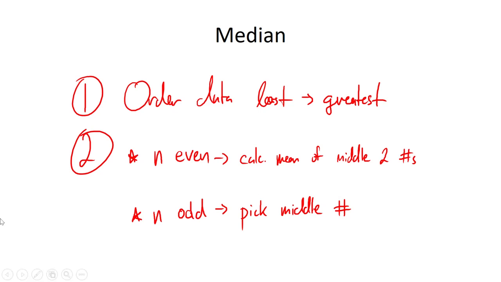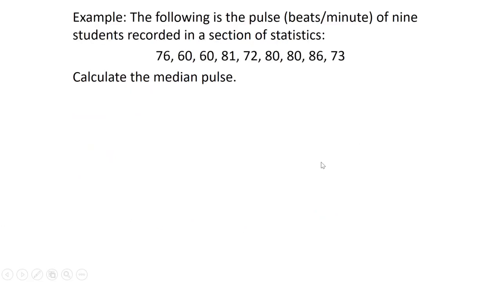All right. So, could we calculate a median pulse rate? I bet we could. First, we just got to order it. So it's going 60, 60. What else is in there? 72, then 73, and then it bumps up to 80 twice, and then 81, 86.